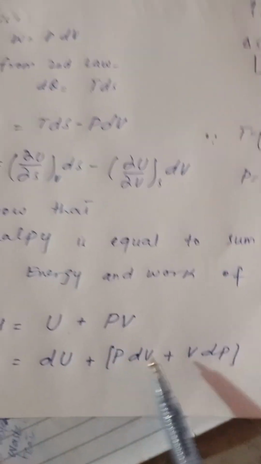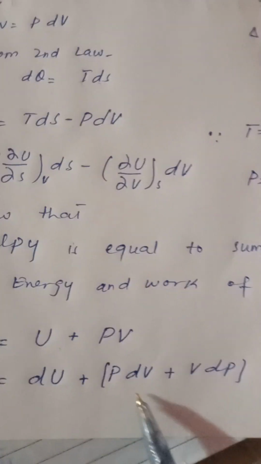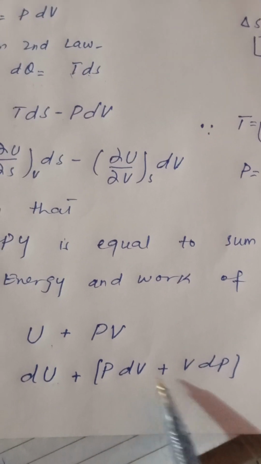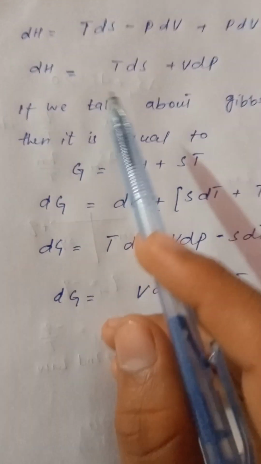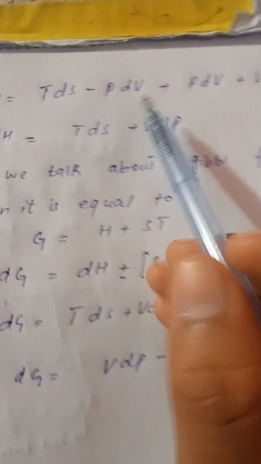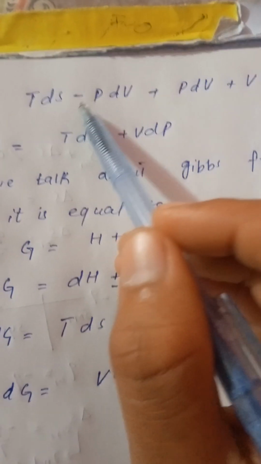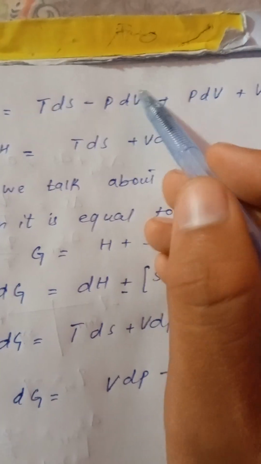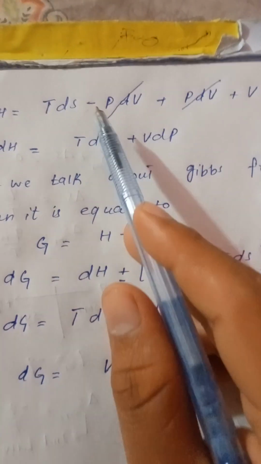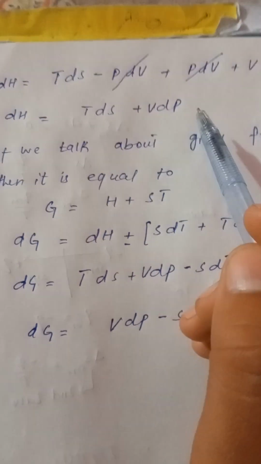Here I put the value of dU, which is equal to TdS minus PdV, and also the value of PdV plus VdP. This is dH equal to TdS minus PdV plus PdV plus VdP. How is it? It is minus PdV and plus PdV, minus sign and plus sign, so we can cancel, and we have TdS plus VdP. Enthalpy change of the system is equal to TdS plus VdP.